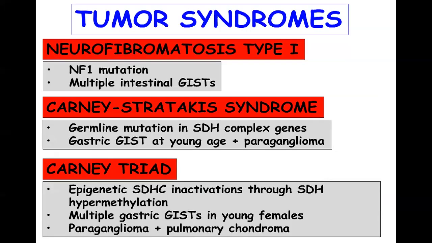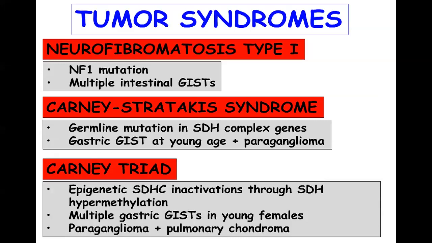This slide shows you some genetic tumor syndromes. Neurofibromatosis type 1, with an NF1 mutation and characteristic of multiple intestinal GIST. Carney-Stratakis syndrome, with a germline mutation in SDH complex genes, with gastric GIST at young age plus paraganglioma.